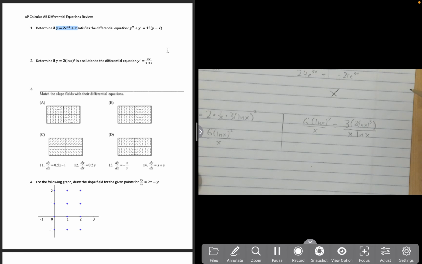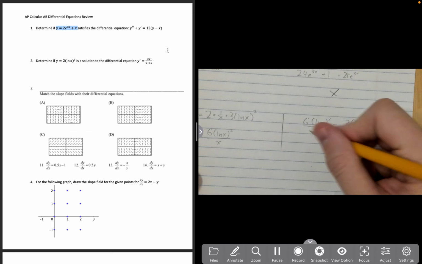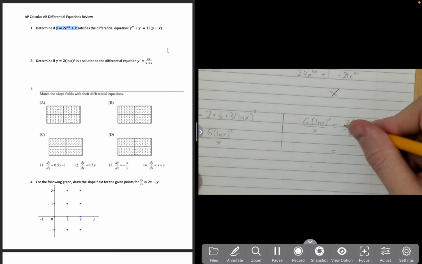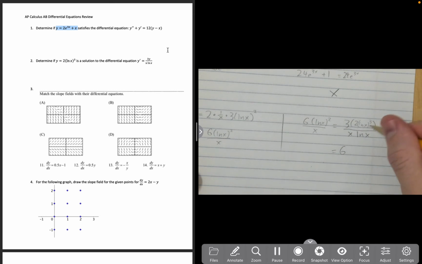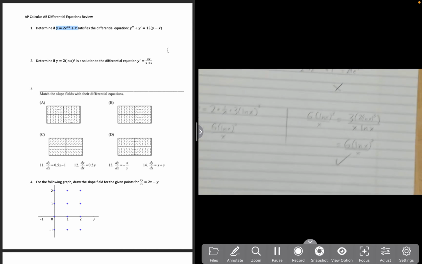And this one, let's see here, is going to turn out to be true because this side there isn't any simplifying, but over here notice 3 times 2 is 6. You do have an ln cubed, but you also have an ln on the bottom, so in other words, we have 3 ln's multiplying together on top. There's 1 ln on the bottom, so we will have 1 cancel. There will be 2 left on the top, and there's the x. So yes, this is a solution to our differential equation.